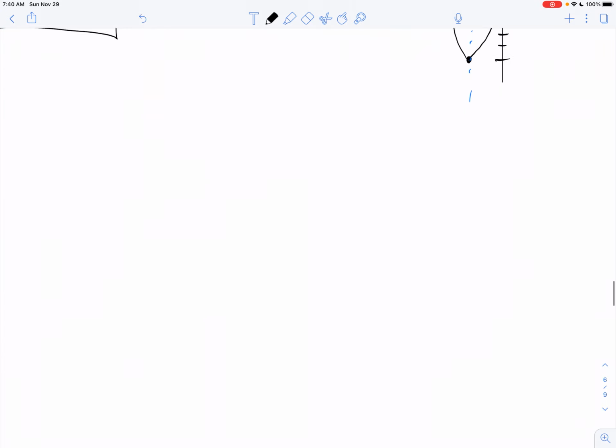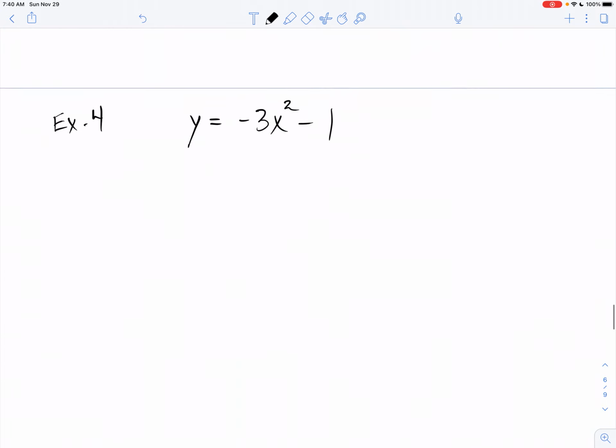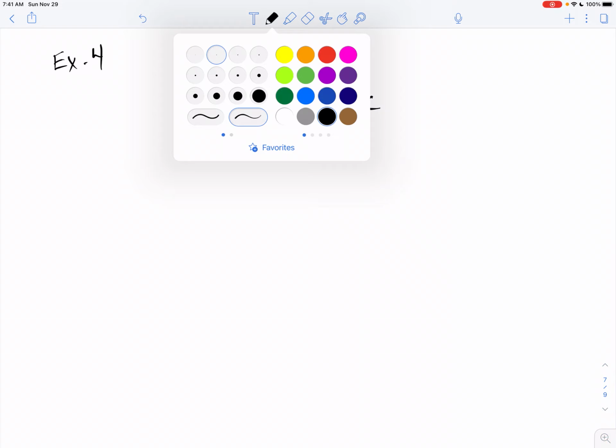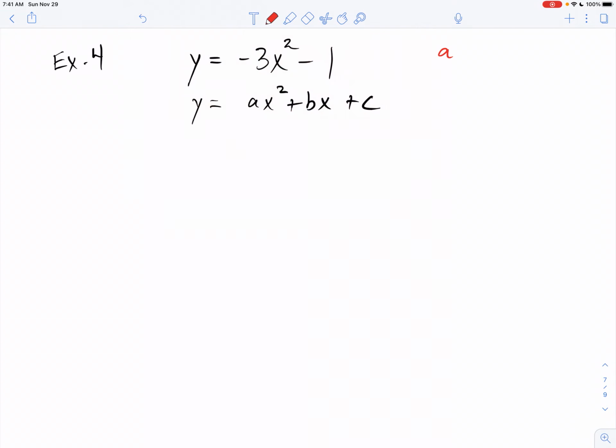Let's go to the 4th one, because I got 2 more. And this one's a little bit different because I got a negative a value, but it seems to be missing something. Remember, y equals ax squared plus bx plus c. So when I go to grab my a, b, and c, a this time is -3. Is my parabola going to open up or down now?